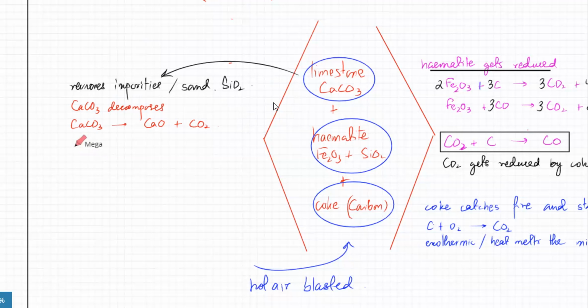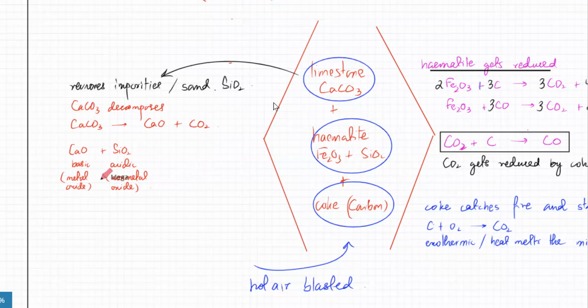And then this CaO is basic. And if it's basic, it's going to react with SiO2, which is acidic. Non-metal oxides are acidic. So you've got a metal oxide reacting with a non-metal oxide.